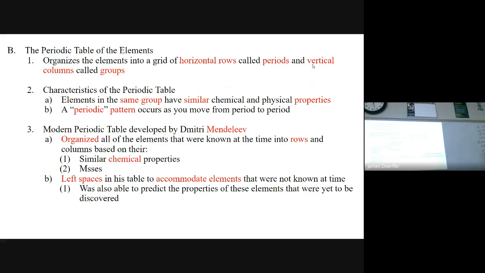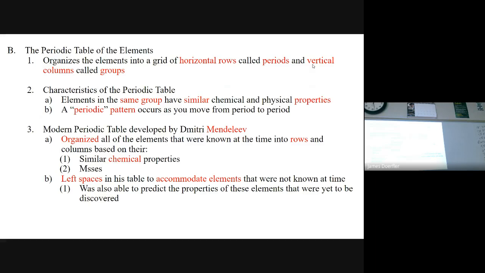You notice that I believe 6 of these boxes have a yellow highlight around them. At the time of the publication of this table, those 6 that are highlighted had not been certified as official elements because they have to meet certain criteria. Up until the last couple of years, they finally have accepted, I believe, 3 out of those 6.